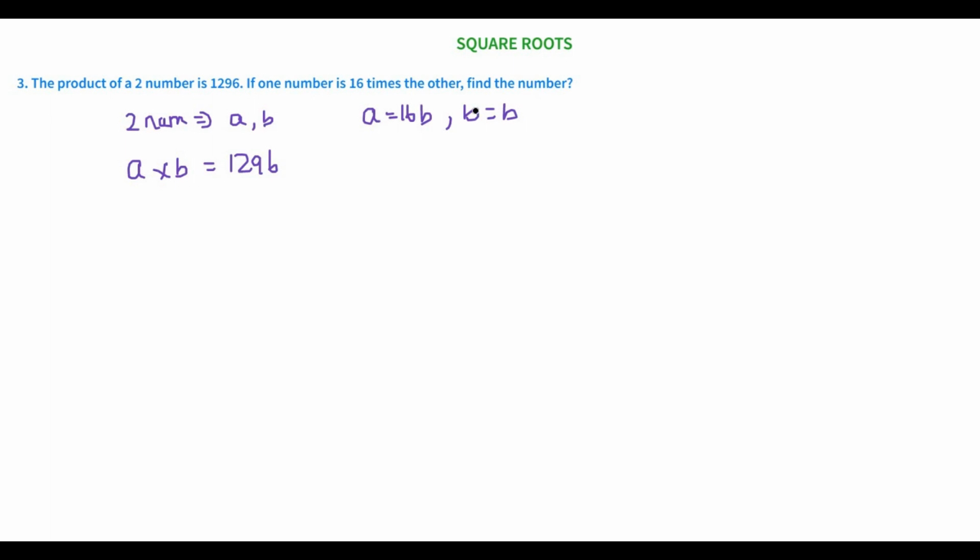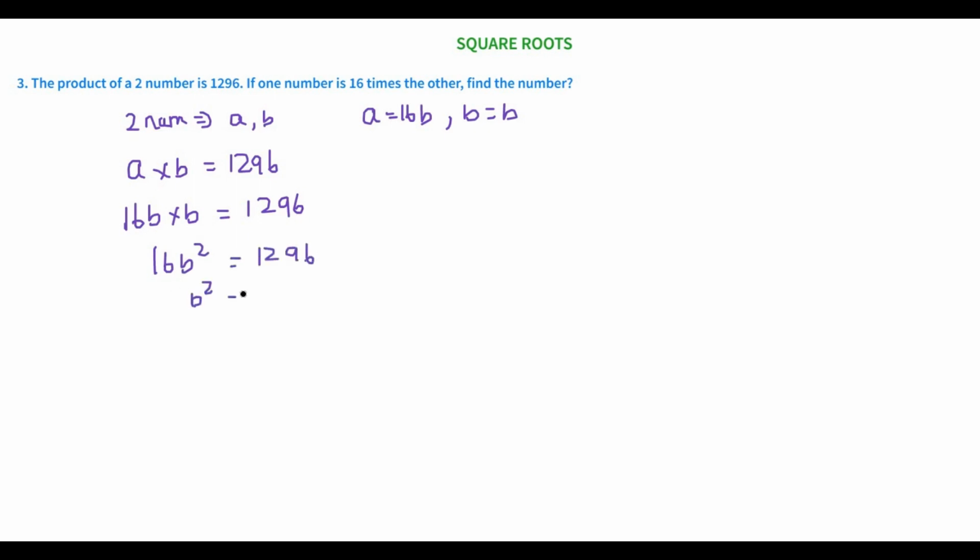So now since we know the value of A is 16B and B is B, let's substitute here. So A is 16B times B equals 1296. Now 16B times B is 16B square, which is equal to 1296.